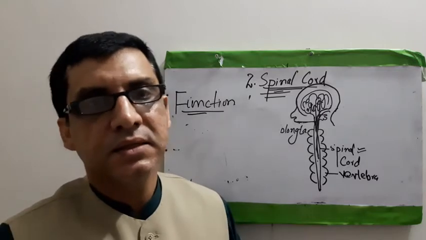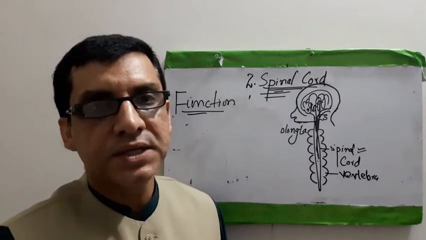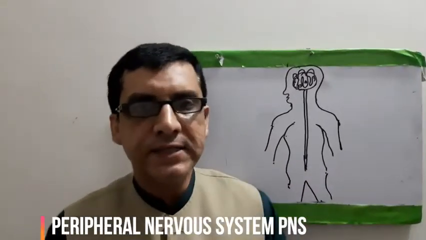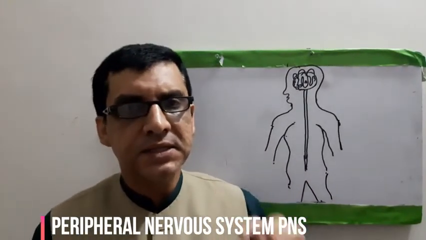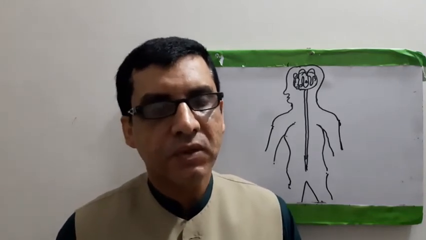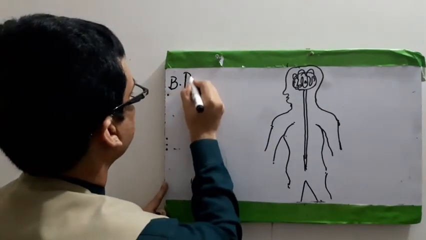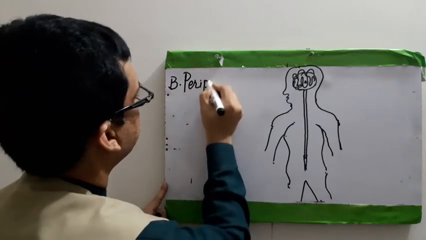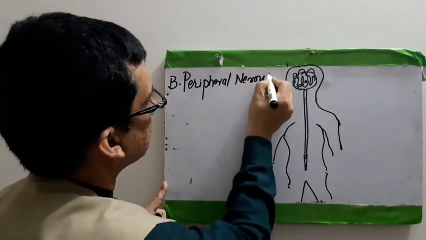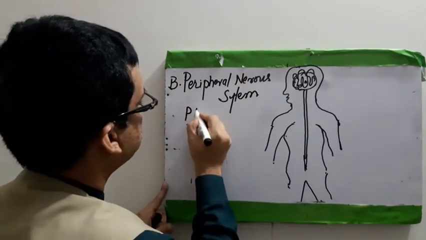Now our next topic is the second component of the nervous system, and that is the peripheral nervous system, also called PNS.